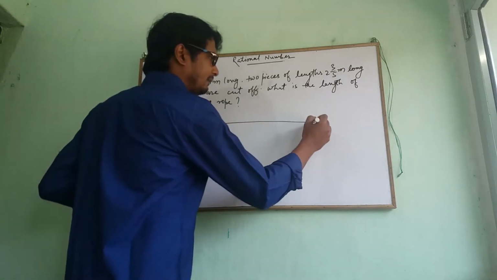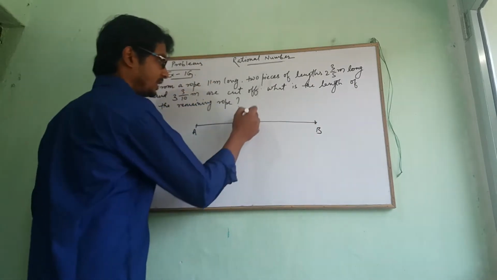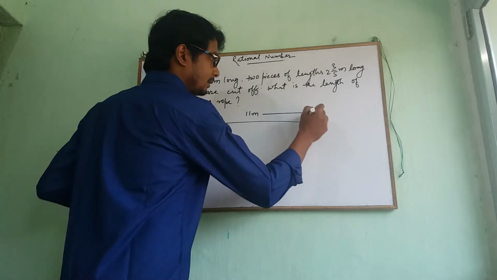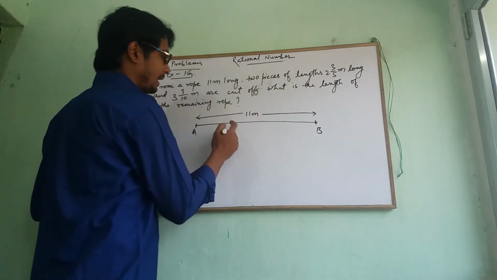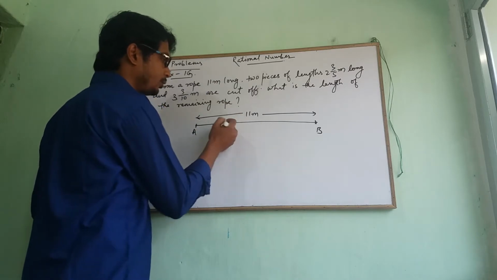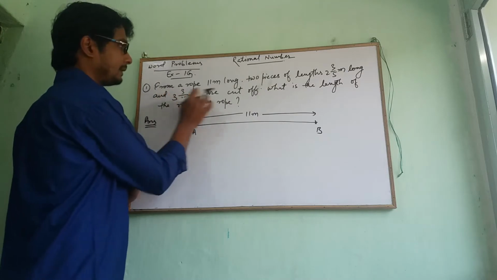Let's suppose I have a rope which is 11 meter long. Now let's suppose I am cutting this, in which two pieces of length this and this are cut off.